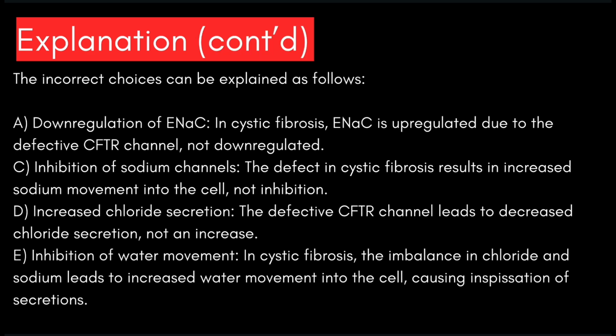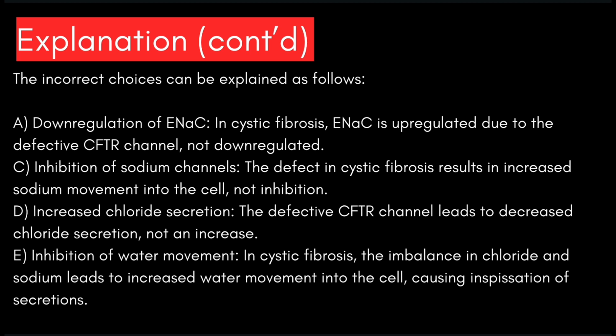Let's look at why the other answer choices are incorrect. Downregulation of ENaC. In cystic fibrosis, ENaC is upregulated due to the defective CFTR channel, not downregulated. Inhibition of sodium channels. The defect in cystic fibrosis results in increased sodium movement into the cell, not inhibition. Increased chloride secretion.